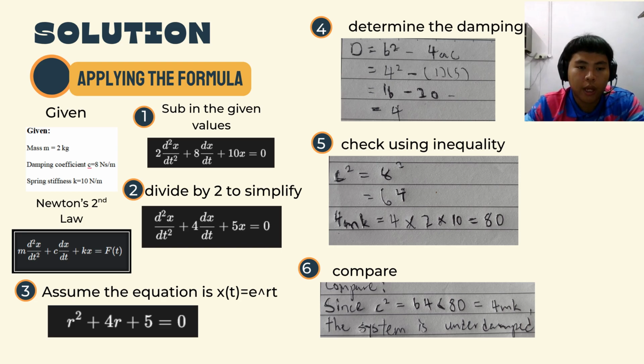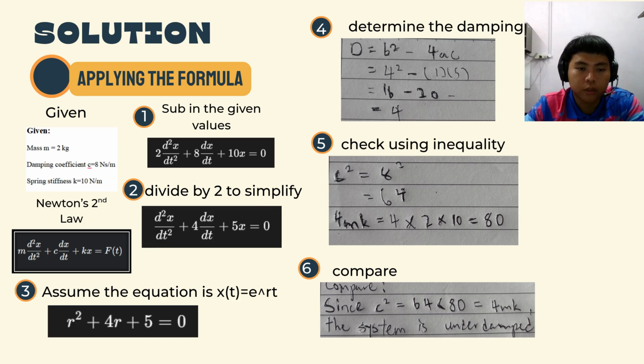So m is 2 kilograms, the mass, and then d²x/dt² plus c, which is 8 Newton seconds per meter, dx/dt plus 10x equals 0.